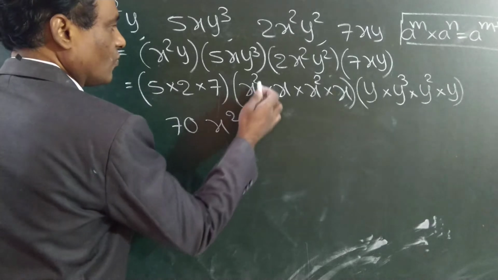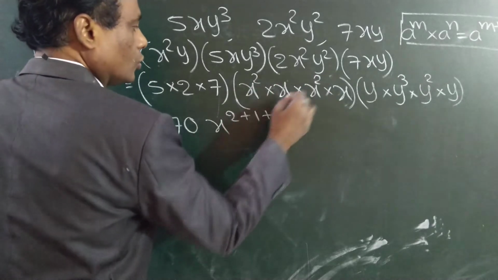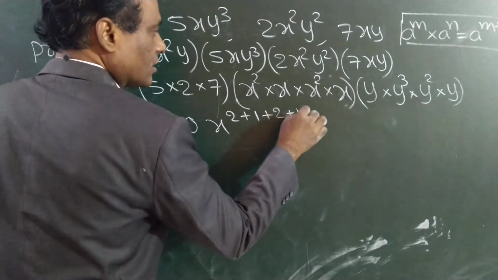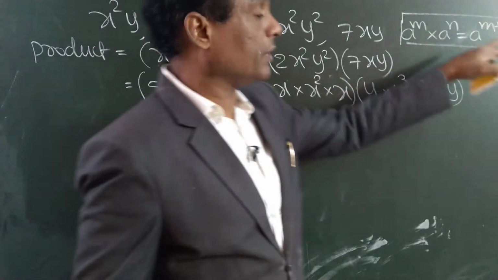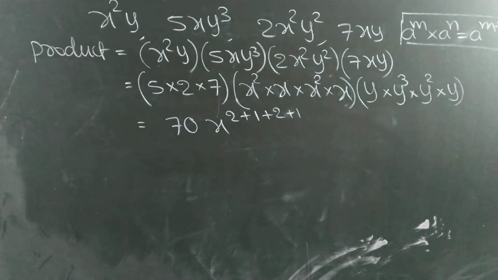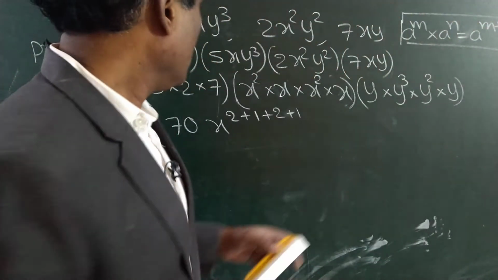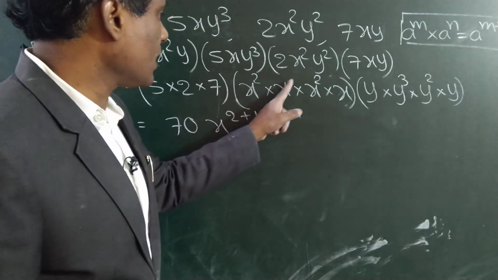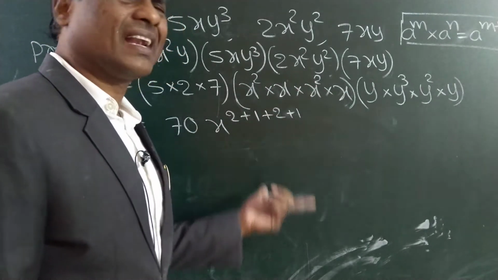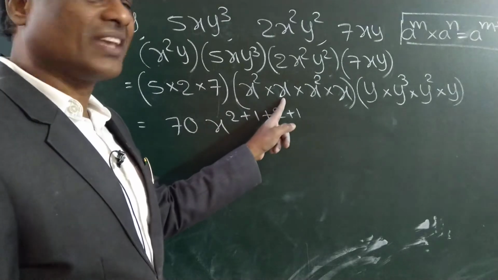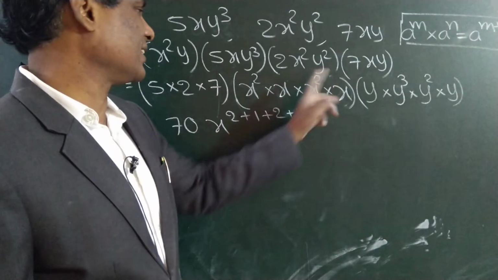Bases are same, in multiplication powers are added formula. Directly also you know x square into x cube into x square, x power 5.